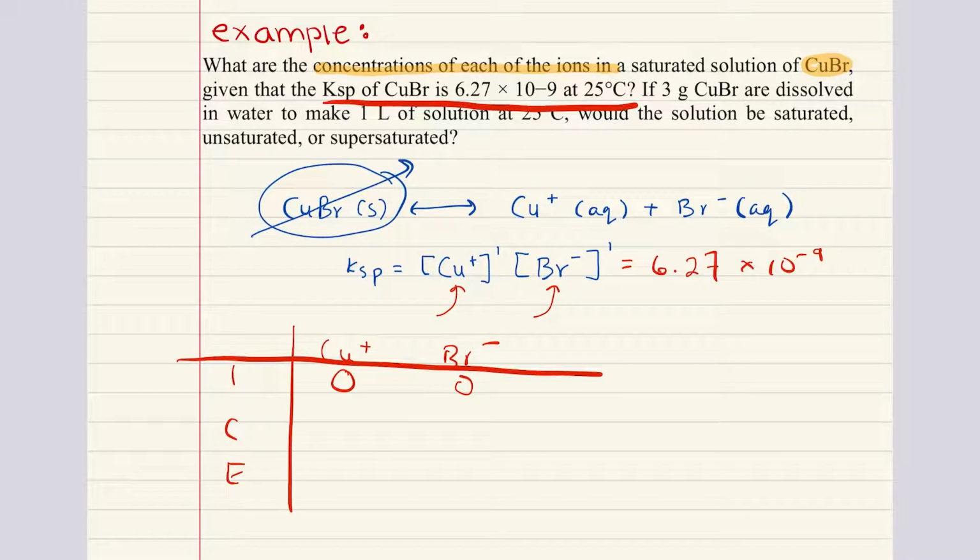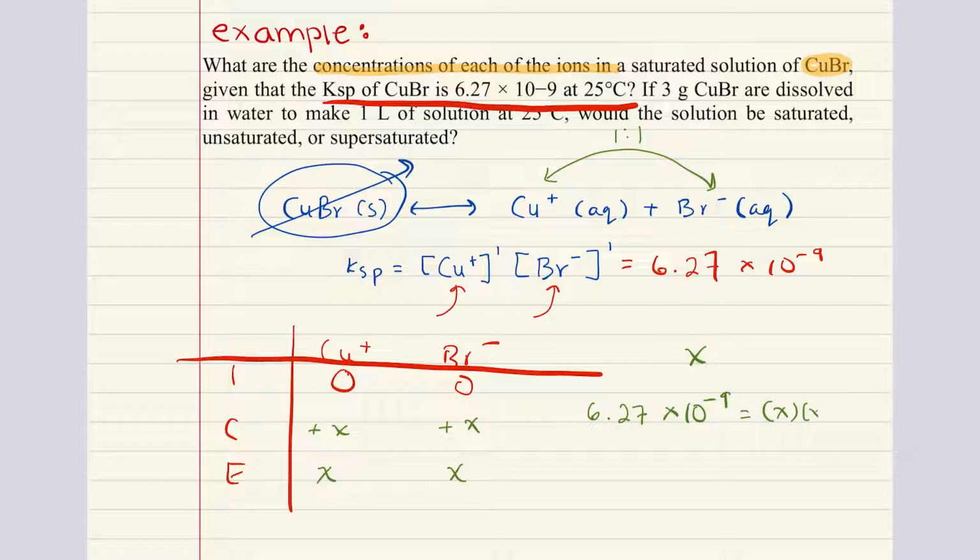Now we're going to note that change using the variable x, and here the mole-to-mole ratio between these two ions is 1:1, so we're going to note plus x for both ions, and that means that the equilibrium concentration for both ions is also going to be x. That means that we can write the following expression: 6.27 times 10 to the minus 9 is equal to x multiplied by x, that's equal to x squared.